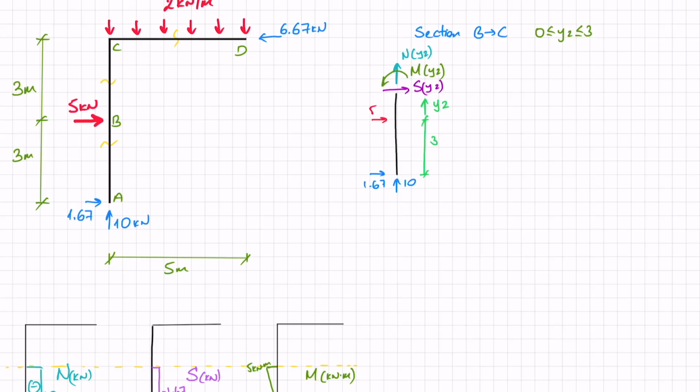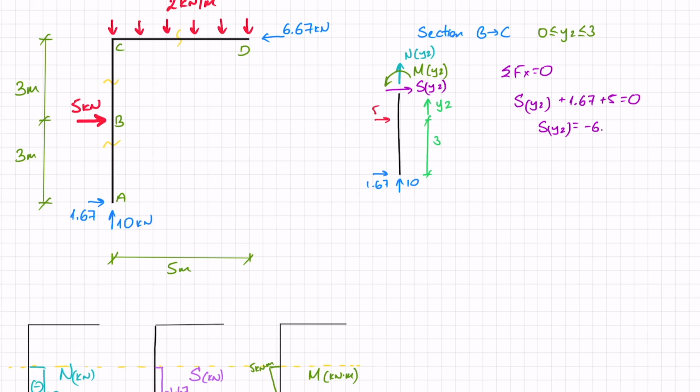We'll start off by doing the sum of forces in x equals 0. So I've got S, function of y2, plus 1.67 plus 5. There's a change here. It equals 0, and that gives me a constant again, not really a function of y2, minus 6.67 kilonewtons. That was easy to start off with.